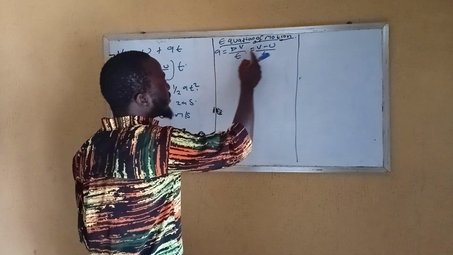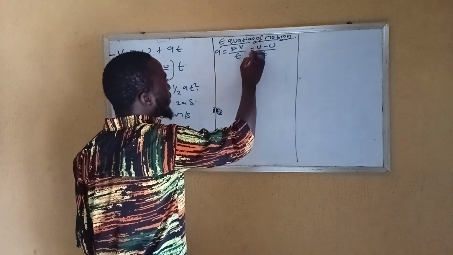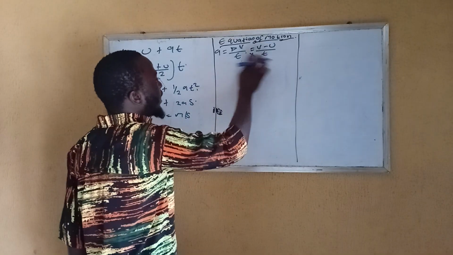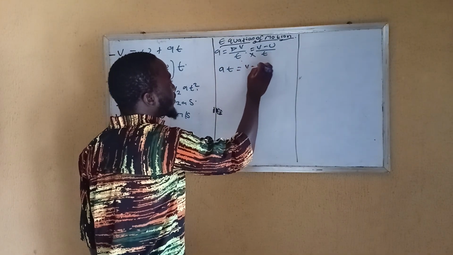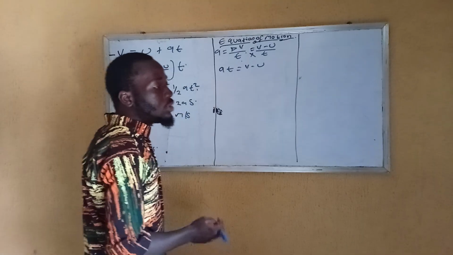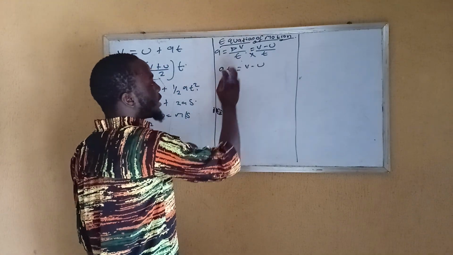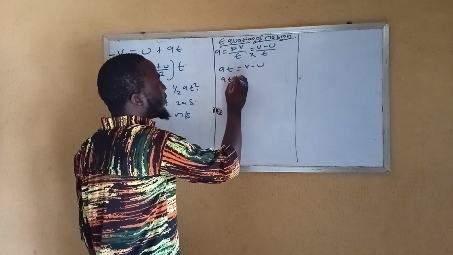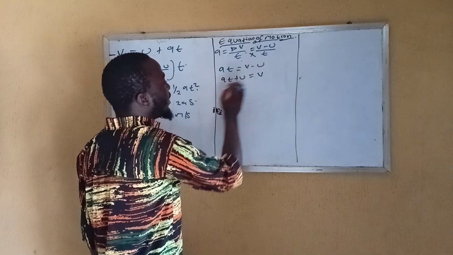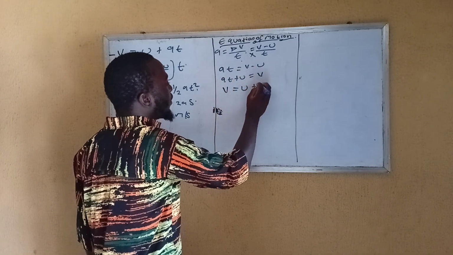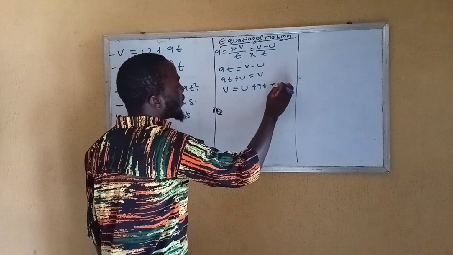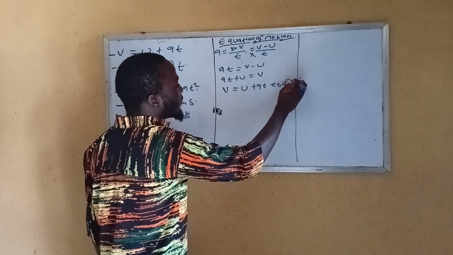That is, we have a equals (v minus u) over t. Now cross multiplying, we have at equals v minus u. Now let's make v the subject of the formula, so the u will transfer. So we have at plus u equals v. Then rearranging this, we have v equals u plus at. Equation 1.